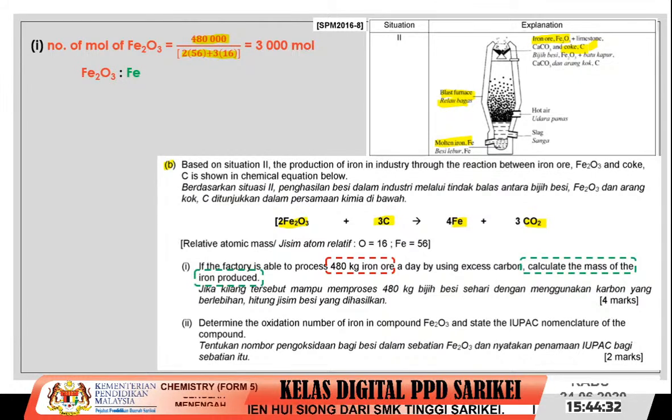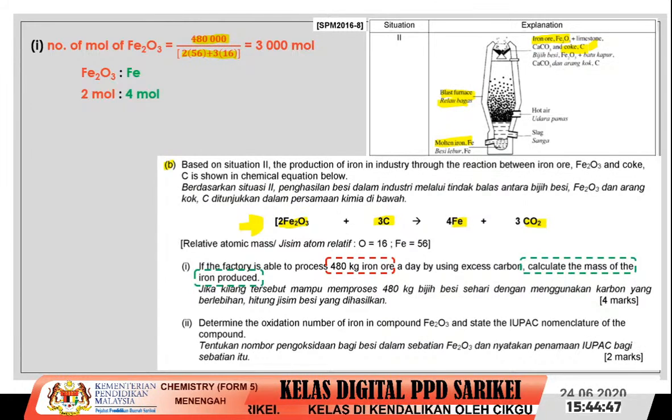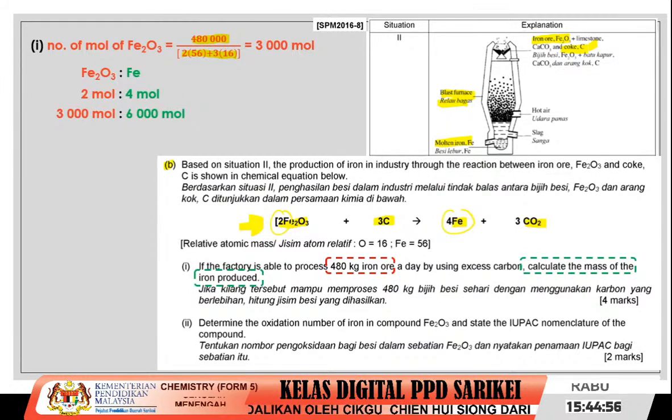So how many moles of pure molten iron may I obtain? Based on this chemical equation, 2 moles of iron(III) oxide will produce 4 moles of iron. So if I have 3,000 moles of iron(III) oxide, I may collect 6,000 moles of pure molten iron at the end of the chemical reaction.